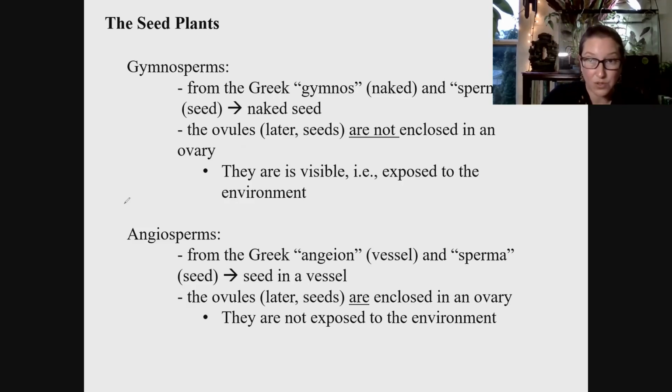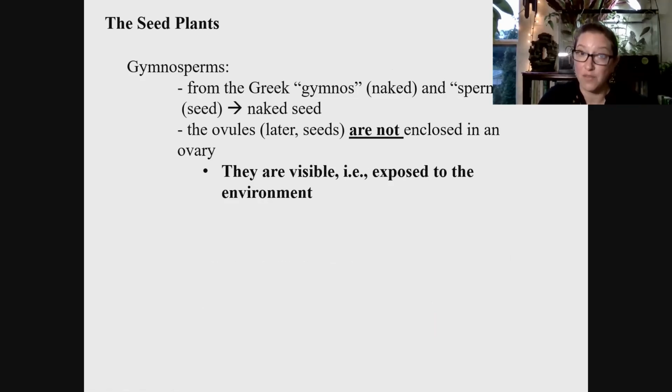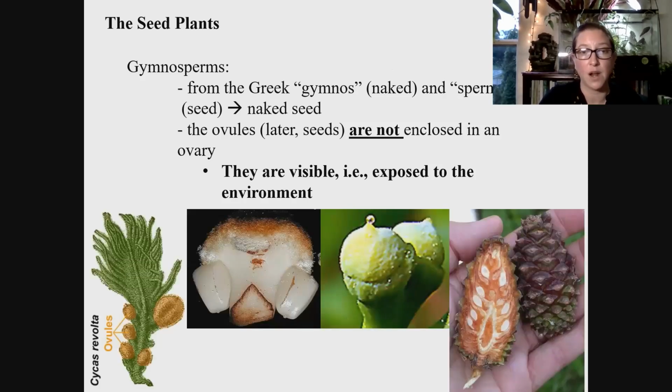So in the angiosperms, which we'll learn about in the last class, the ovules, and later the seeds, once the ovules are fertilized, are enclosed in an ovary, so they are not exposed to the environment. That's the difference between those two things. Today we're going to learn about gymnosperms, which have ovules that are not enclosed in an ovary. They are visible with the naked eye, exposed to the environment.